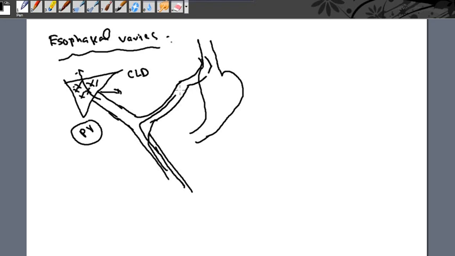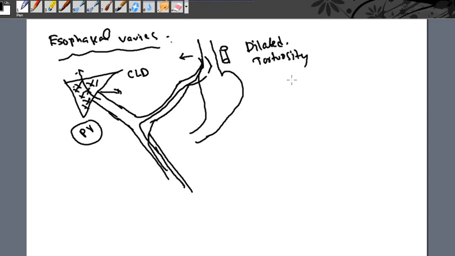When they try to drain into the systemic circulation, this vein in the lower part of the esophagus becomes dilated. So there is dilation and tortuosity in the vein of the lower part of the esophagus in a patient with chronic liver disease.